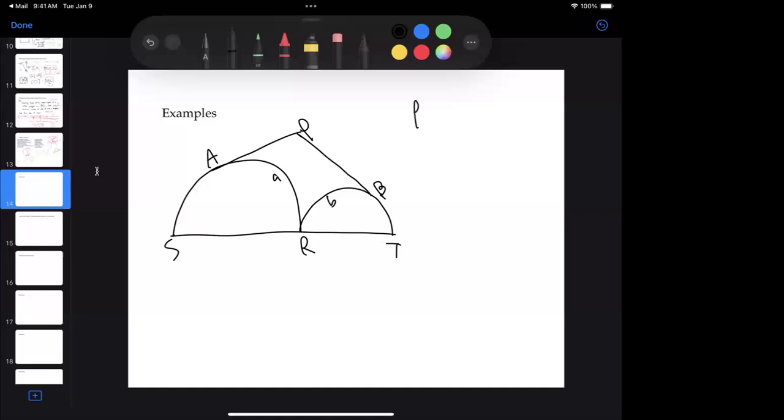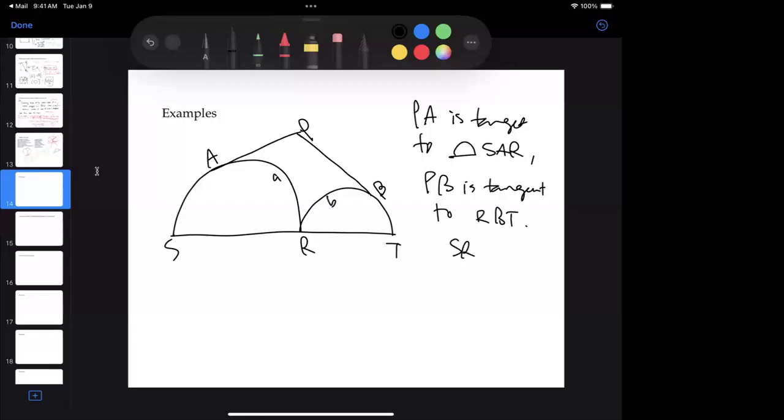Okay, so in the figure, PA is tangent to semicircle SAR, and PB is tangent to semicircle RBT, and SRT is a straight line.